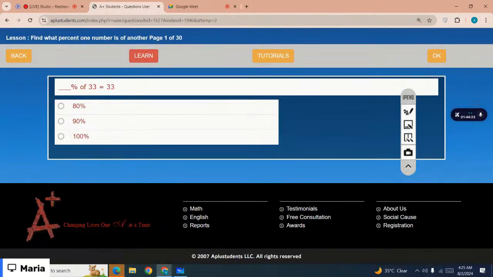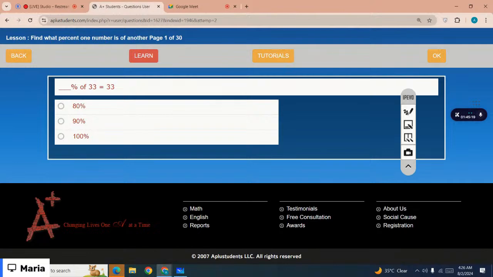So 33 and 33, the number is exactly same, right? 100% it is, right?